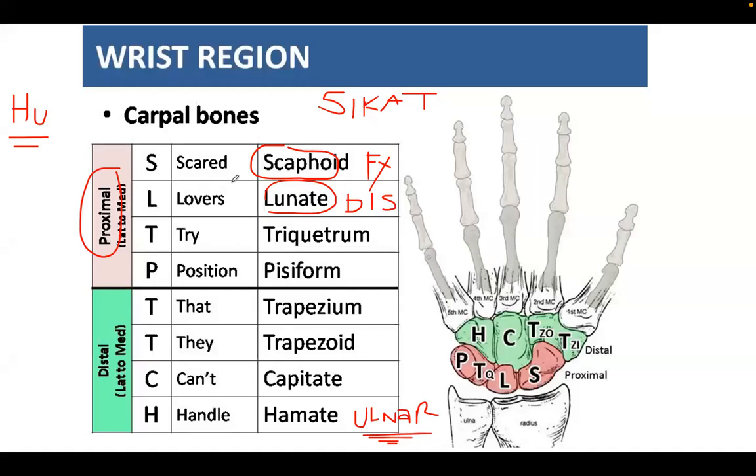Now, if the scaphoid is injured, what blood vessel is most likely going to be injured? If the scaphoid is injured, you would most likely injure the radial artery. So let's go clinical.